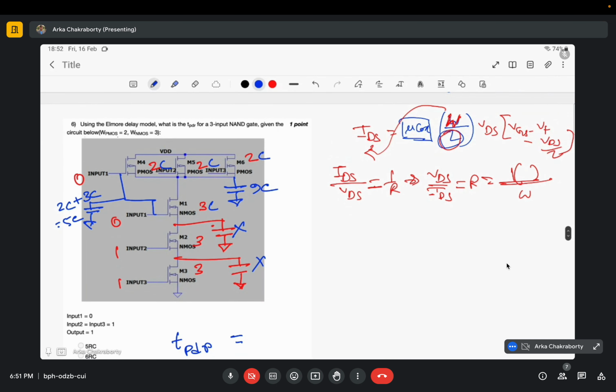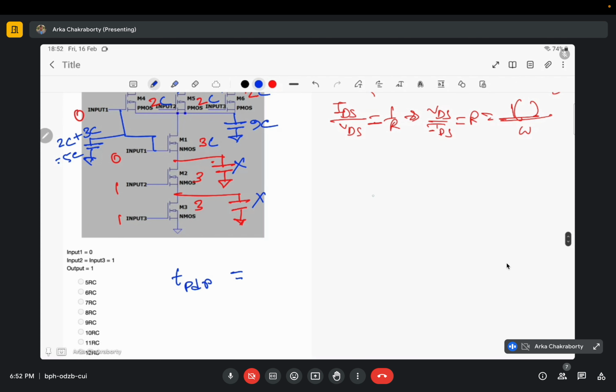As input 1 is 0, this one would be on and these two would be off, as these are 1. Only one PMOS is working, so it would be R PMOS into 9C. There are other capacitances present there, but they have already been discharged, so I don't need to worry about them.